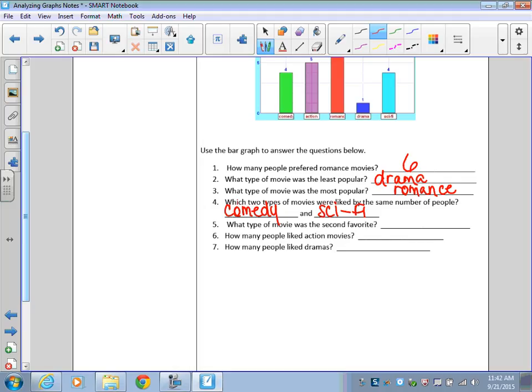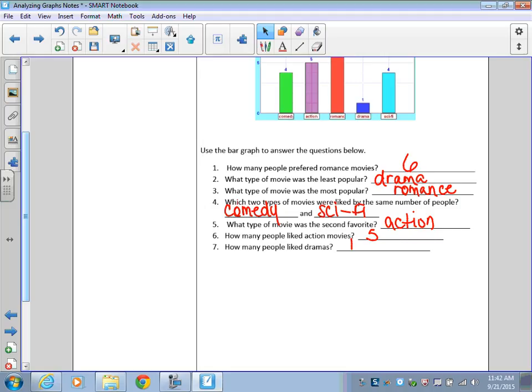That's action. That's the purple bar because it has a 5 on top of it. Number 6, how many people liked action movies? 5. You look at the number that's on top of your bar. How many people like drama? 1.